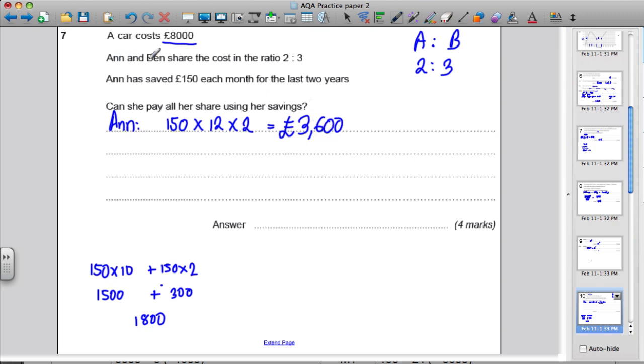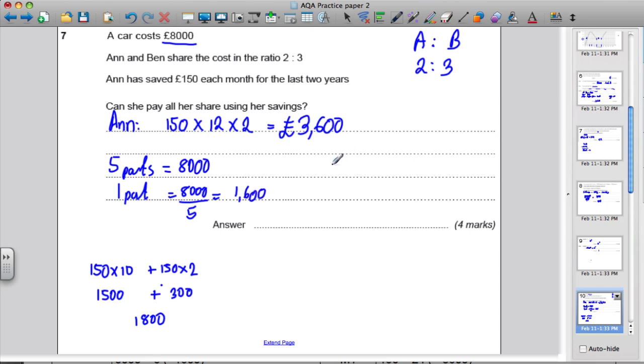Well, what is her share? They share in the ratio 2 to 3. So 5 parts equals 8 grand. 1 part is 8,000 divided by 5, which is going to be 1,600.